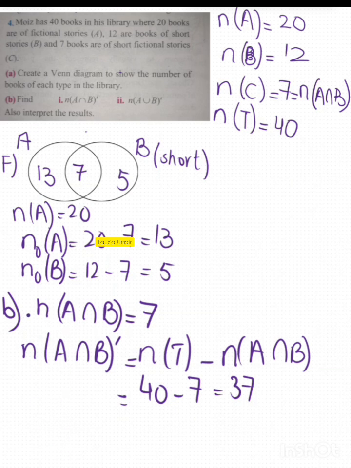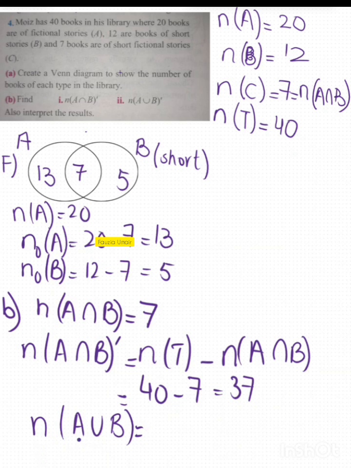So now second part, number of elements in A union B. So you can see that it's not given to you, but you can find out.